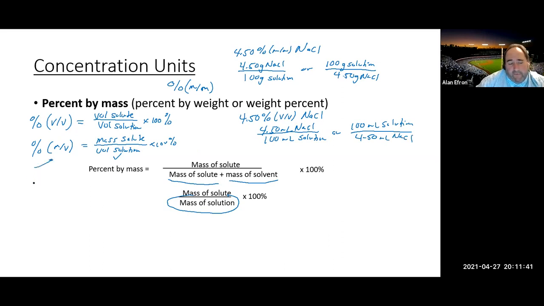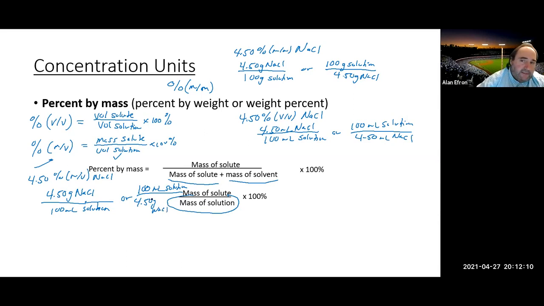If you had a 4.5% mass to volume, that would mean you had 4.5 grams of sodium chloride per 100 milliliters of solution. Or again, you could use it as a conversion factor like this: 100 milliliters of solution, 4.5 grams of sodium chloride.